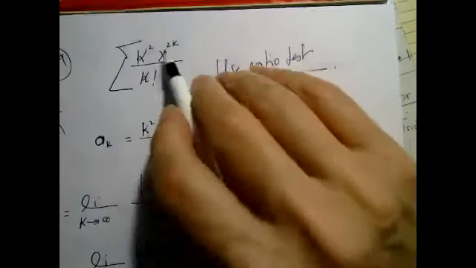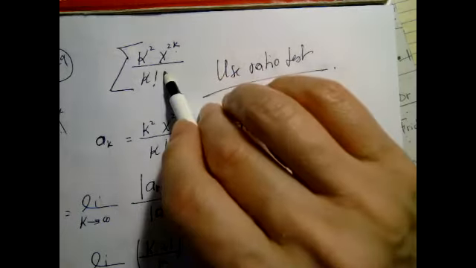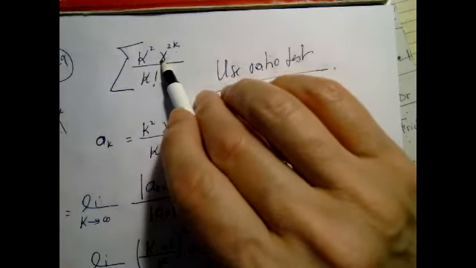It means even if you put 1,000,000 for x, the series will converge. You put any number you want, this series will converge regardless of what x is.